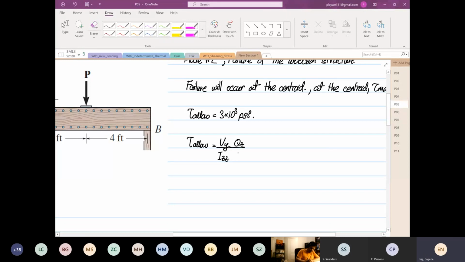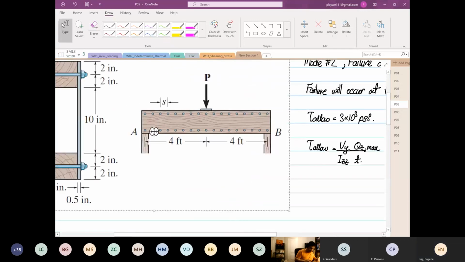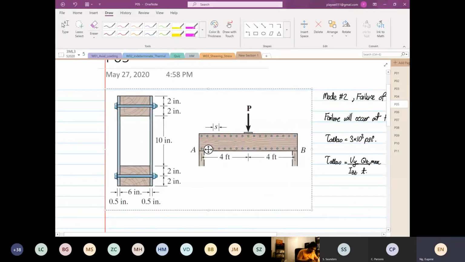So the Qz over here, I'm going to put Qz at its maximum. So going back to the structure over here, knowing that this line I'm going to draw, this is our centroid, and this is where failure will occur also.